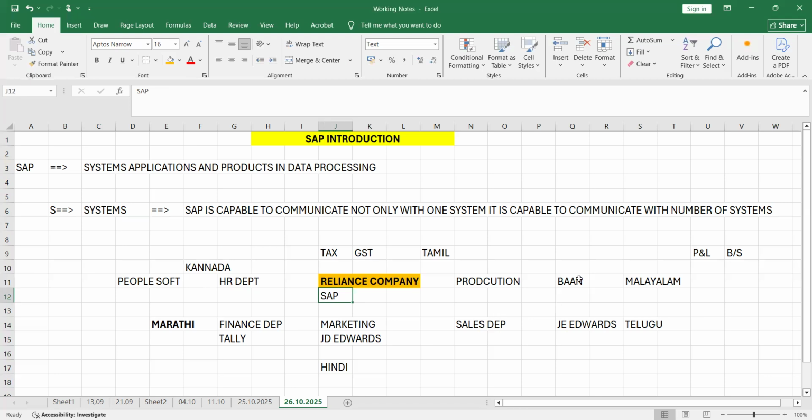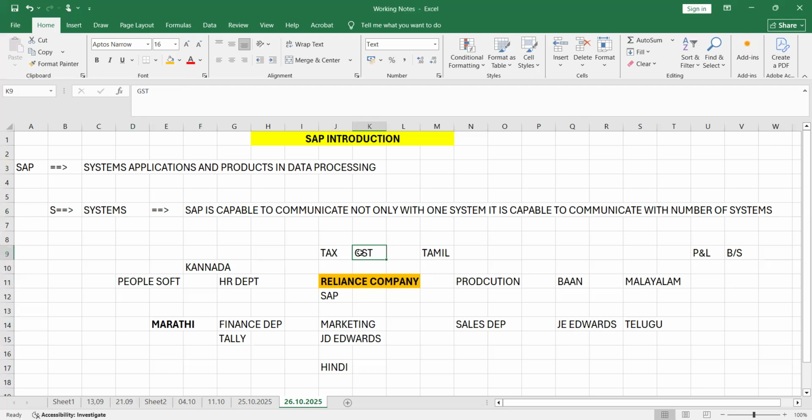And whatever BAN data is there can be integrated with SAP. SAP can integrate with JD Edwards, SAP can integrate with Tally, SAP can integrate with PeopleSoft, SAP can integrate with GST Suvidha.